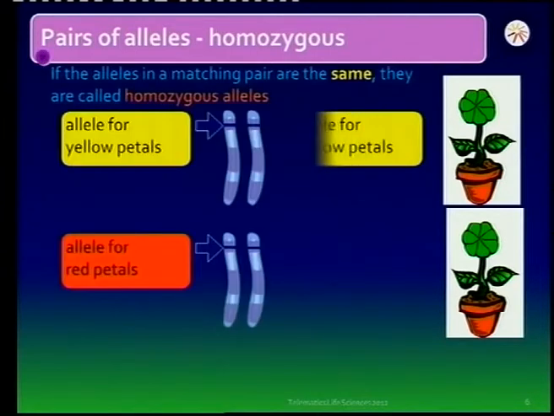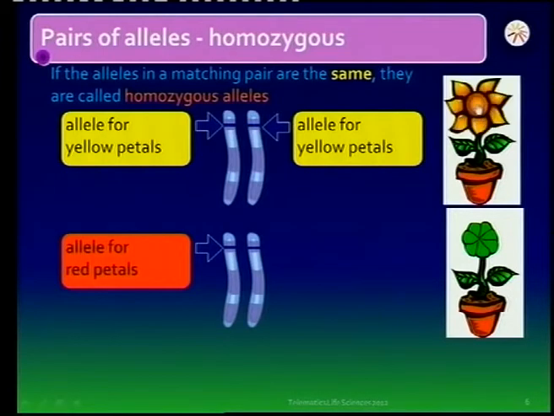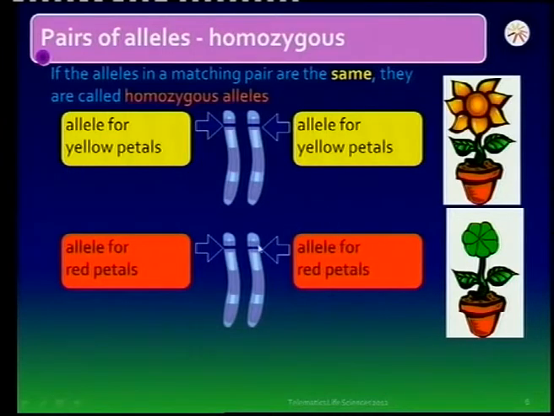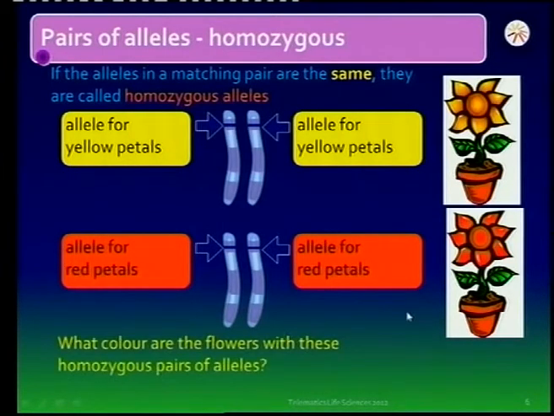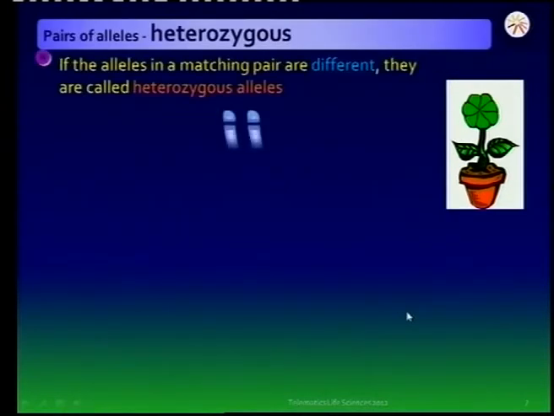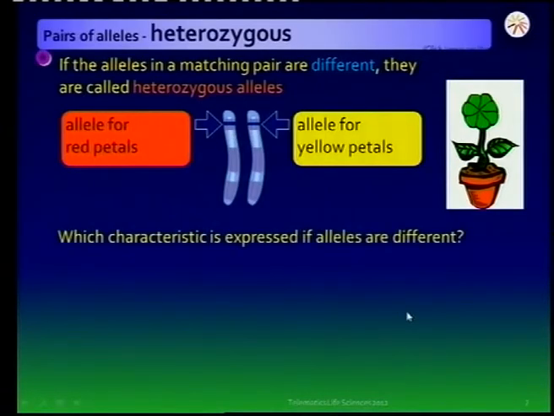When are they homozygous? If you look at these alleles for yellow, that code for yellow petals, and we look at the color of the flower, we get yellow. And there, both of them code for the same, and the offspring will all have red petals. Let's look at heterozygous. Right, there you've got the one allele coding for red petals, the other one for yellow petals.